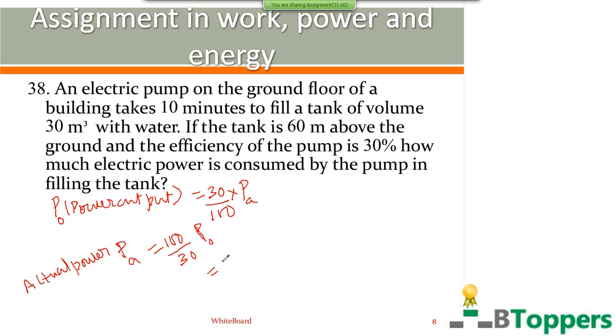So the power output or power delivered can be written as mgh by T, where m is the mass of the water that is lifted in time T. Now substitute all the given values here. The mass of the water pumped is equal to volume into density.